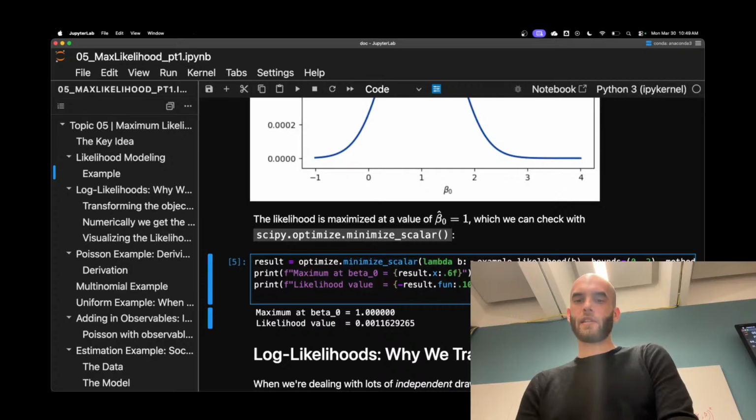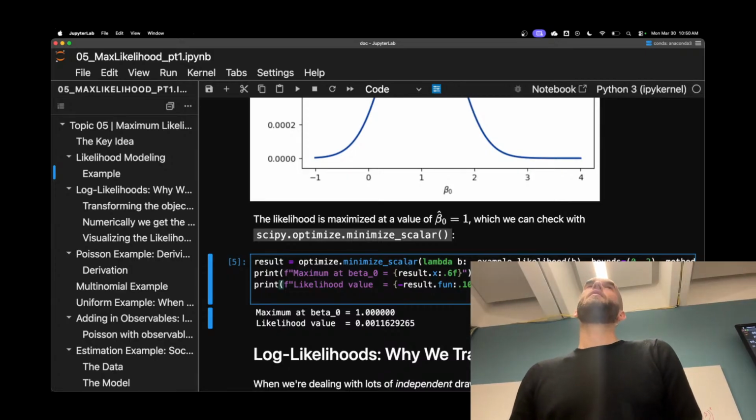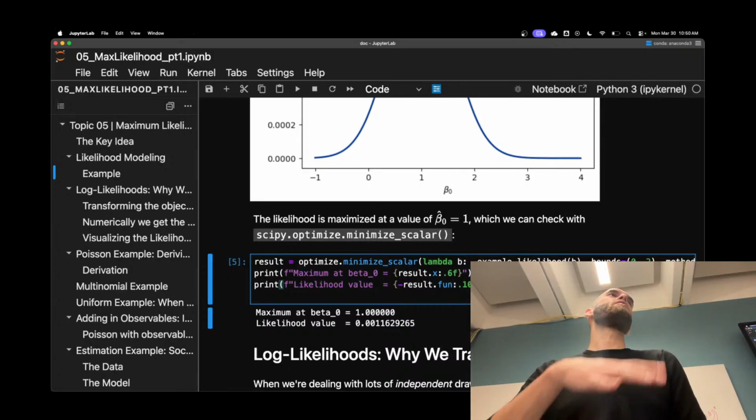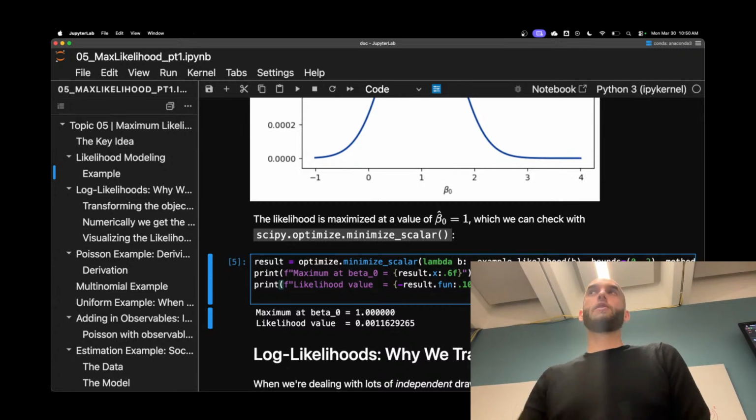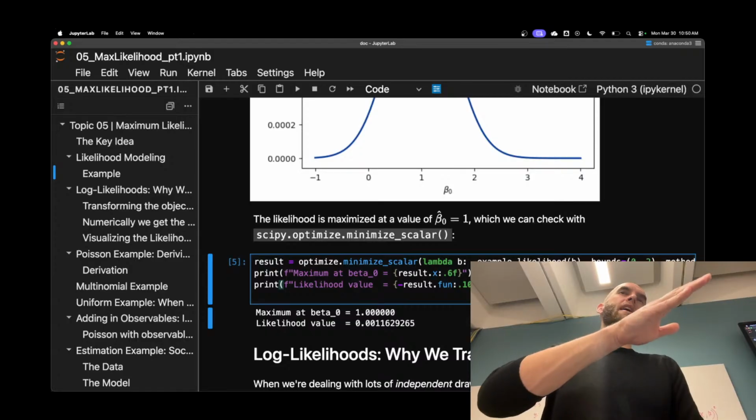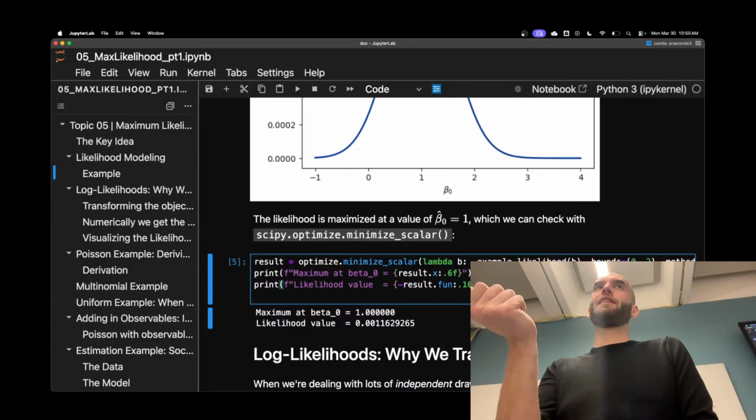So this is the negative of the likelihood function. Because we're minimizing, we need the negative. You could rewrite this. I think this is sometimes a little more complicated than it needs to be. You can just rewrite a negative function, which I'm going to show you some examples of later, and then just minimize that directly without needing a lambda function.